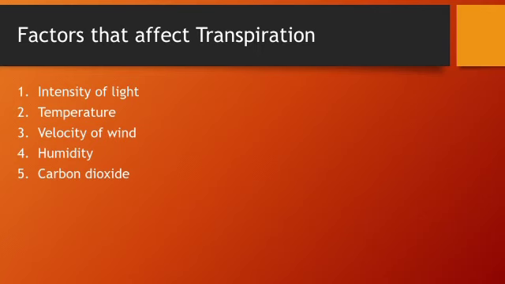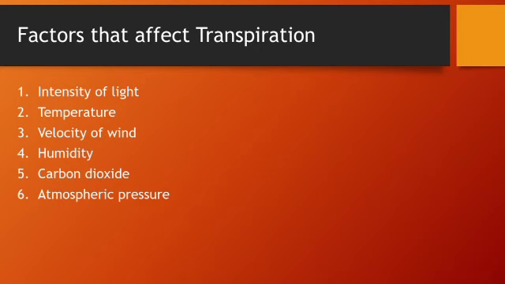Next, carbon dioxide. If carbon dioxide is more, then the transpiration rate will also increase, and if carbon dioxide is less, then the transpiration rate will also decrease. Okay. Then atmospheric pressure. If pressure is more, transpiration will be less, and if the atmospheric pressure is less, transpiration will be more.